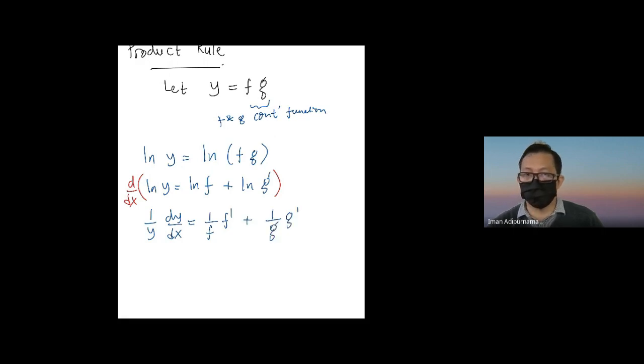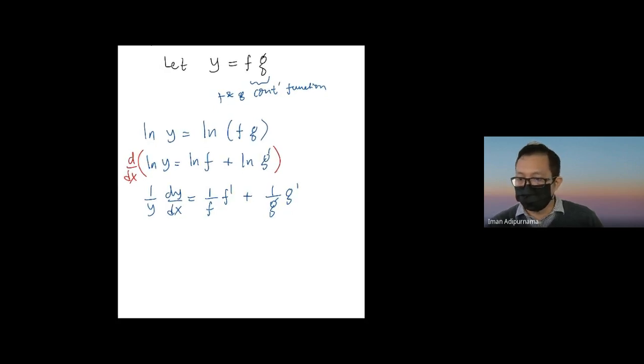So dy dx, since y is fg, I will write fg. Solving this, we get fg times f prime over f plus g prime over g, which gives f prime g plus g prime f. And cancel this, and you get your product rule.